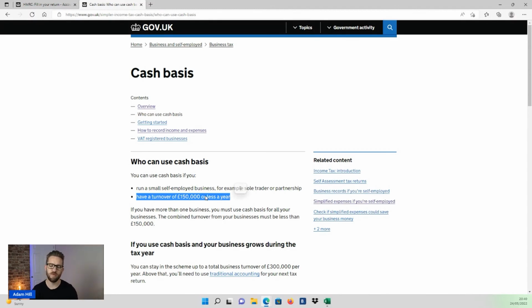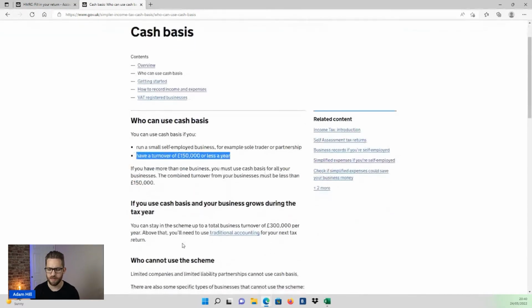Now, if you do have a turnover of less than 150,000, but your turnover starts to grow over time, then normally you'll need to come off the cash basis when your turnover reaches 300,000. So technically, you could be using the cash basis and have a turnover up to 300,000, provided that when you started, your turnover was less than 150,000.